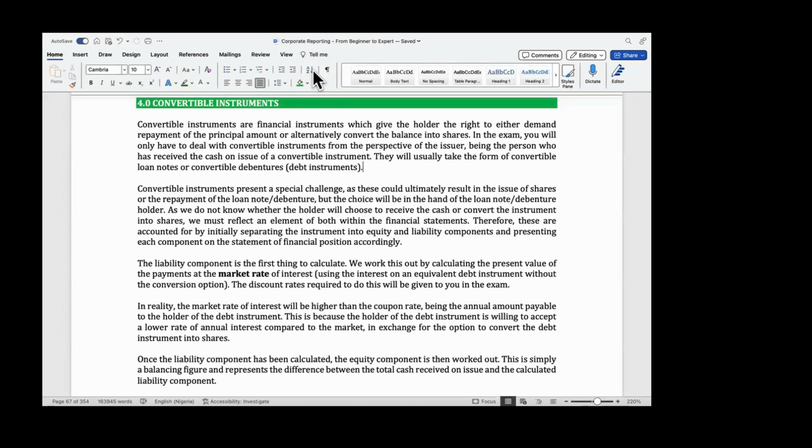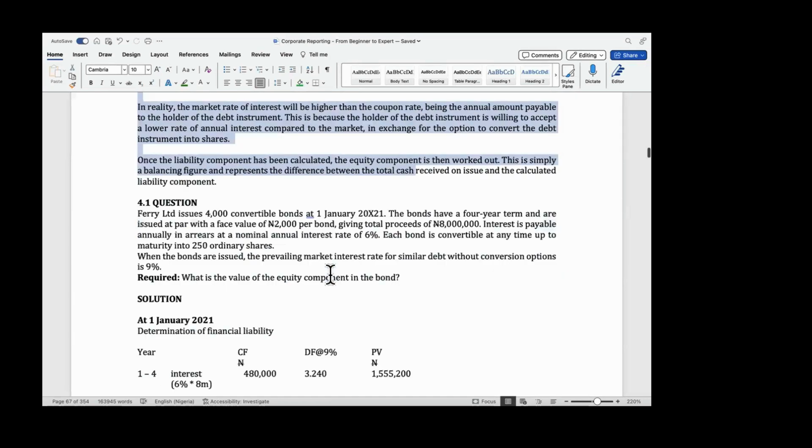I just need to know what the value of that interest is now. That means I will have to discount all of that interest to present value. And I know that I'm going to pay principal at maturity. I just need to discount that also to present value. So that present value will be equivalent to the value of my liability. And that's what this entire explanation is talking about.